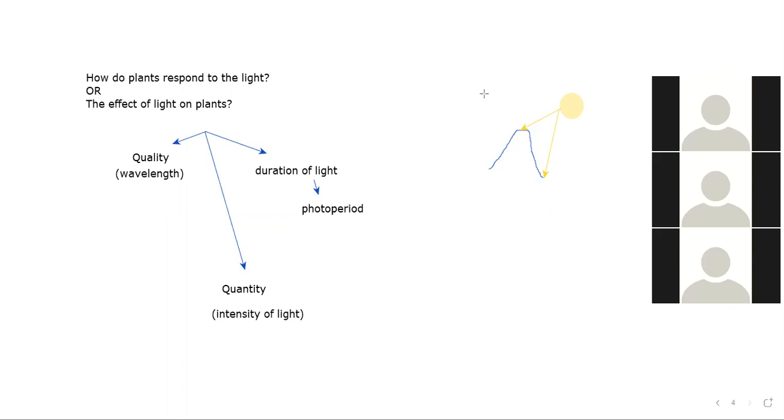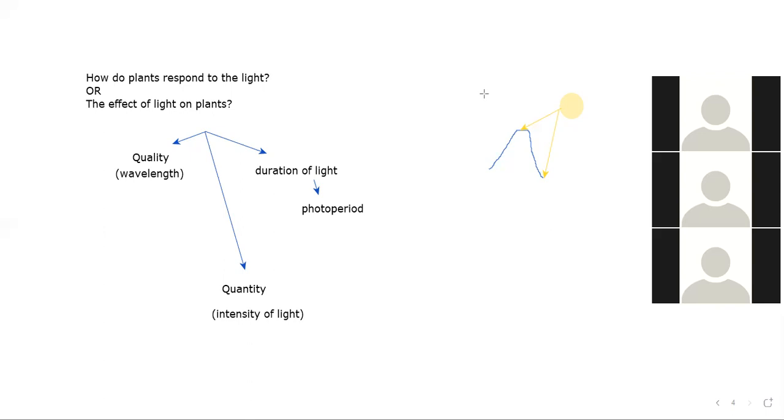I told you that gamma rays have a very small wavelength. Then X-rays have a wavelength longer than gamma rays. Then come the UV rays, with wavelength longer than X-rays.